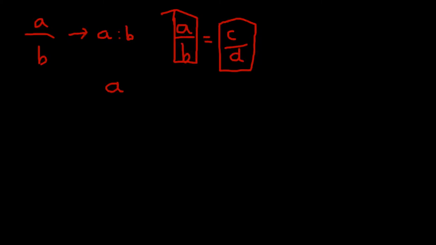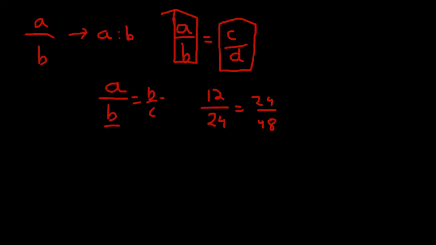Continued proportion is the same as the normal proportion, except the second and third terms are the same. You have b over here, you have b over here. A small example of this could be, say, 12 by 24 is equal to 24 upon 48.